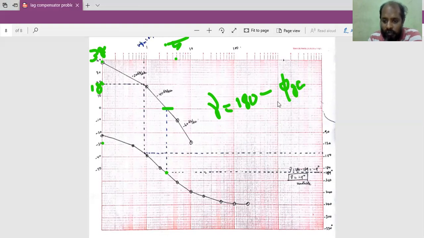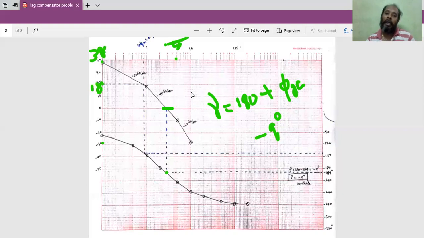So you are substituting that: 180 plus φGC, with minus 189 substituted here. You are getting minus 9 as your phase margin. Since you are getting a negative value as your phase margin, the system is unstable.